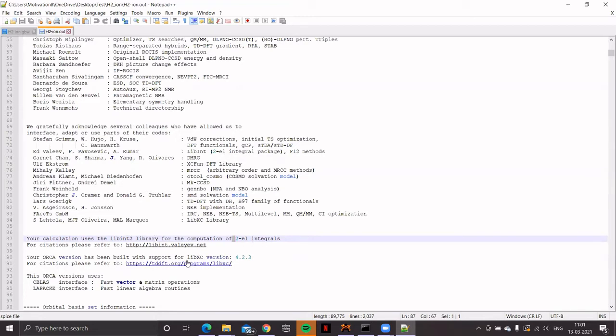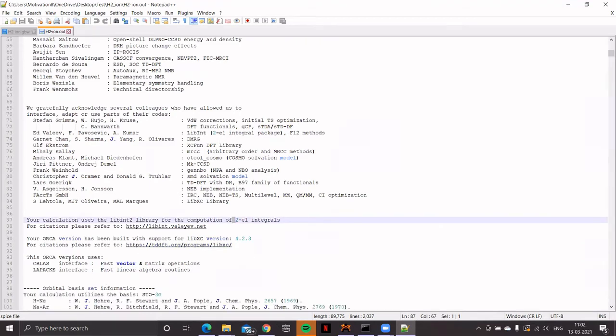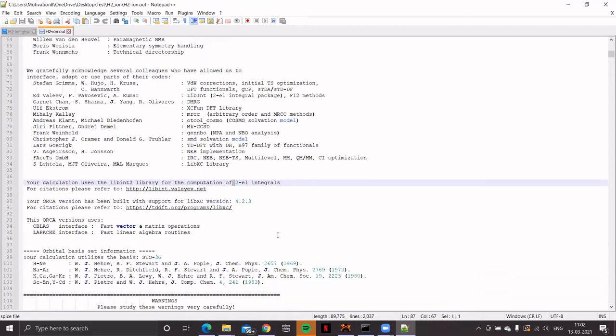Another library is libxc for some further calculation. This ORCA version uses the CBLAS interface for vector and matrix operations, and the LAPACK interface for linear algebra routines. Every software uses different freely available mathematical packages, and they acknowledge those groups for providing access.